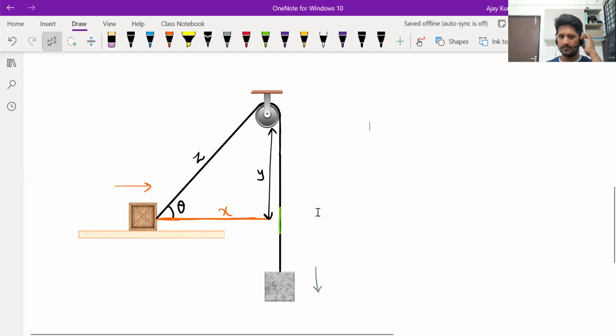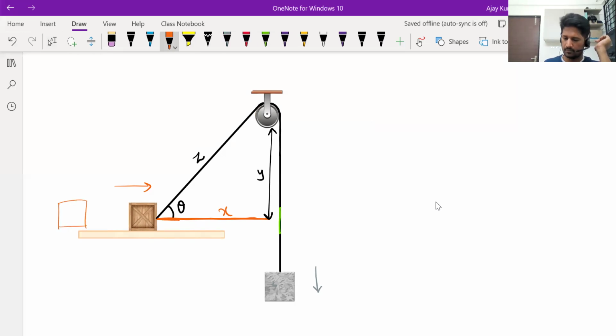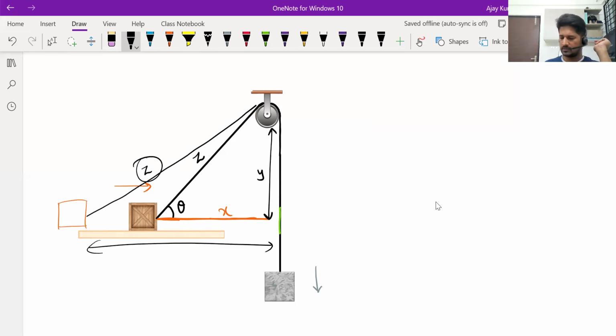Is that the only one? Z is also a variable. If you imagine the box at an earlier instant, this would have been the value of z much longer, and this would have been x much longer. Y remains the same. Both z and x are variables as the box moves.